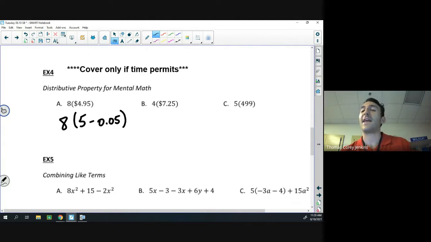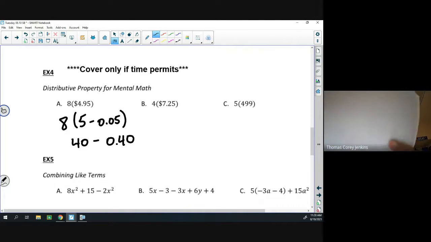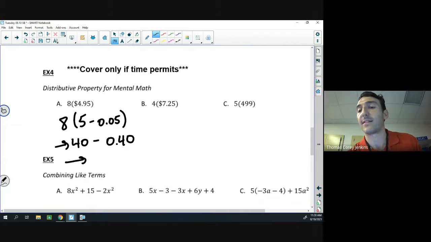So if we did that, then in our head we could come up with 8 times 5 is 40. And if 8 times 5 is $40, then 8 times 5 cents is 40 cents. So in our minds, we could know that it's $39.60. Like I said, this is nothing you're ever going to be tested over, but just a cool way to think about these.